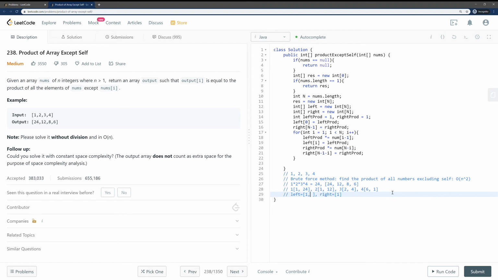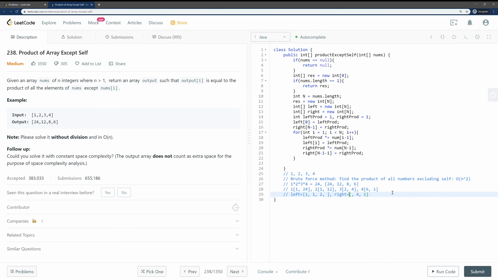Then we want to multiply the first element with this value, so it will be 1 multiplied by 1, and the last value would be 4. Then we want to multiply it by 2.